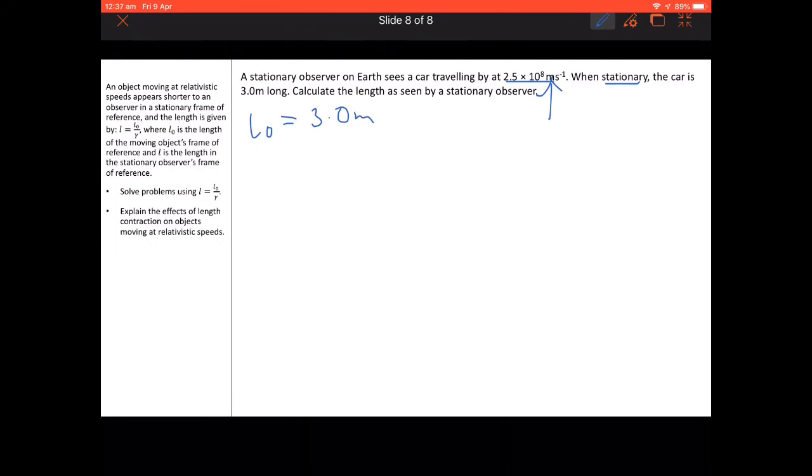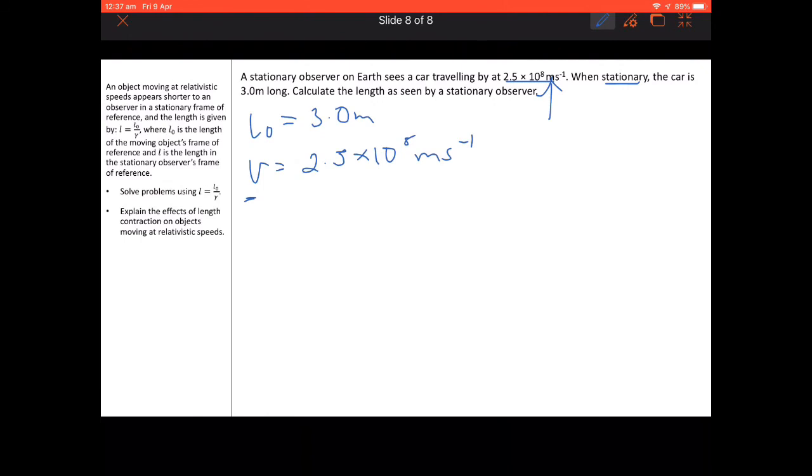The velocity of the vehicle is going to be 2.5 times 10 to the 8 metres per second, because our relative velocity is going to be equal to our velocity here, because the stationary observer has not got any velocity at all, so whatever the velocity of the car is going to be the relative velocity. So we have these values here.